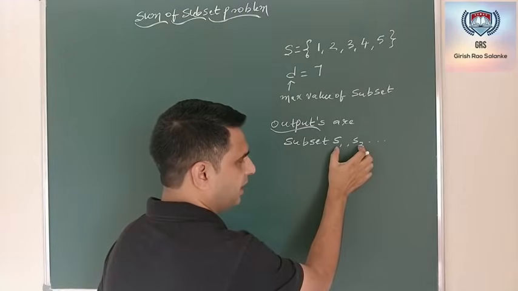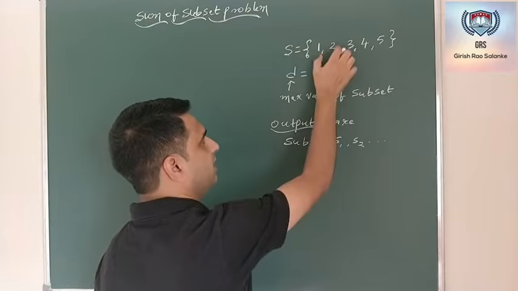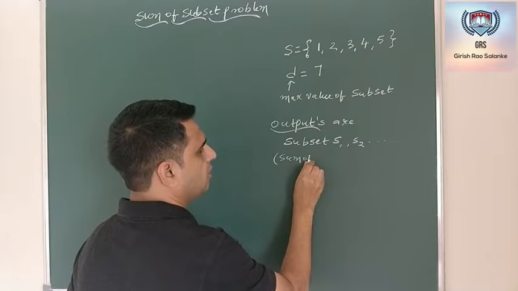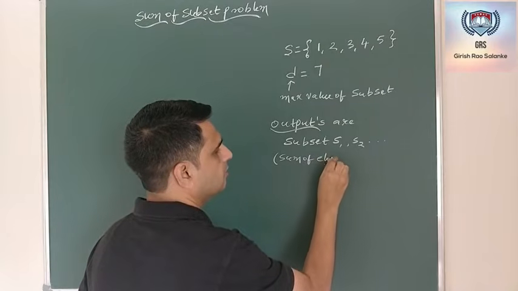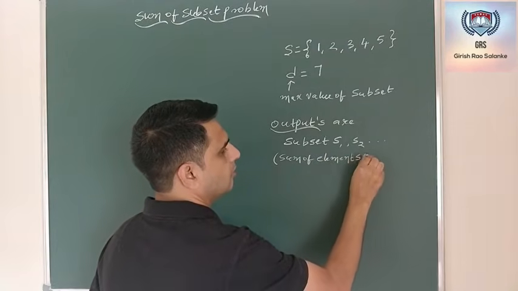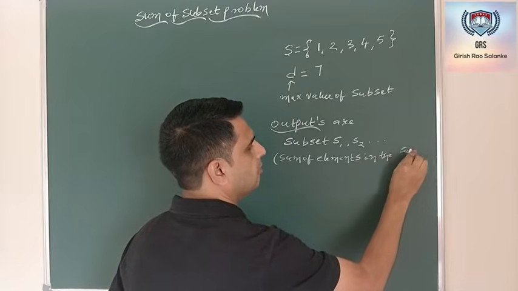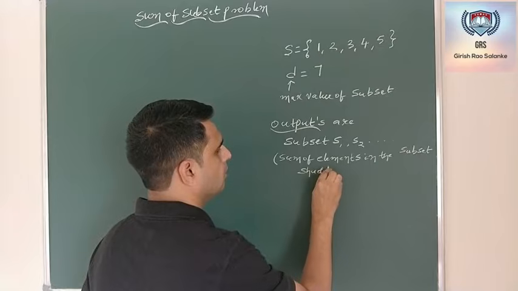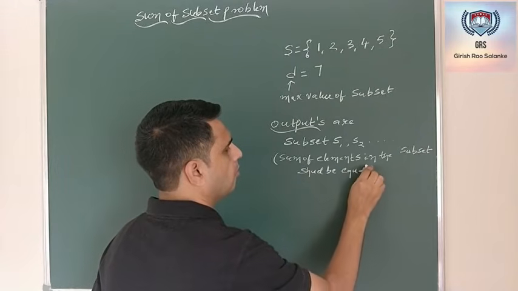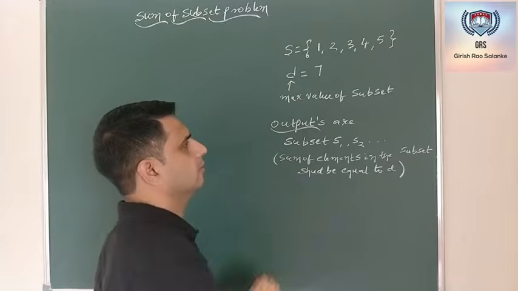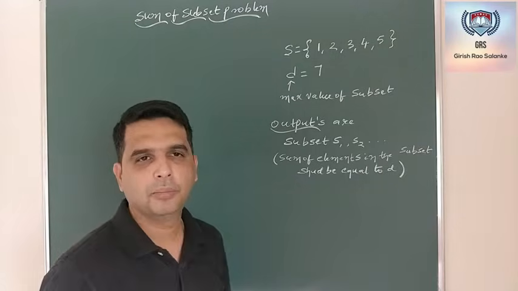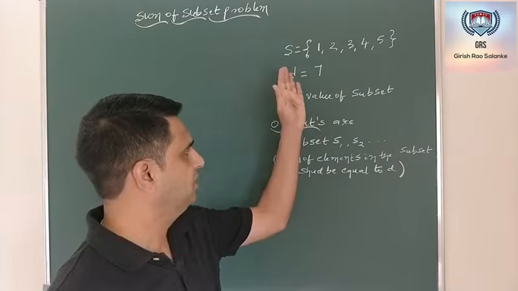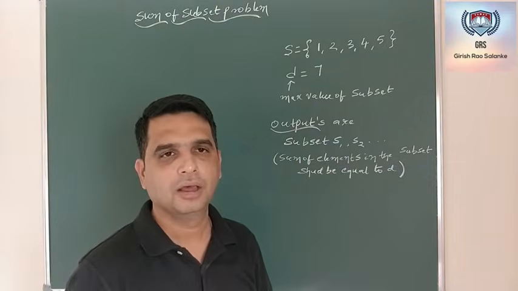These subsets should be derived from this set S such that the sum of elements in the subset should be equal to D. Hope what is the input to the sum of subset problem and what is the output are clear.